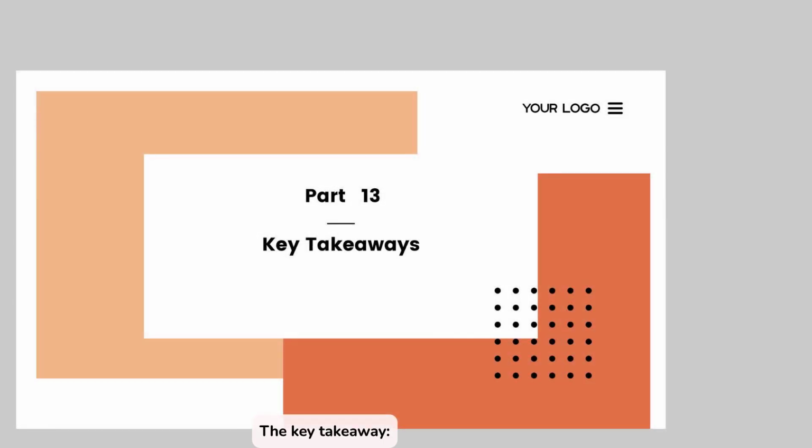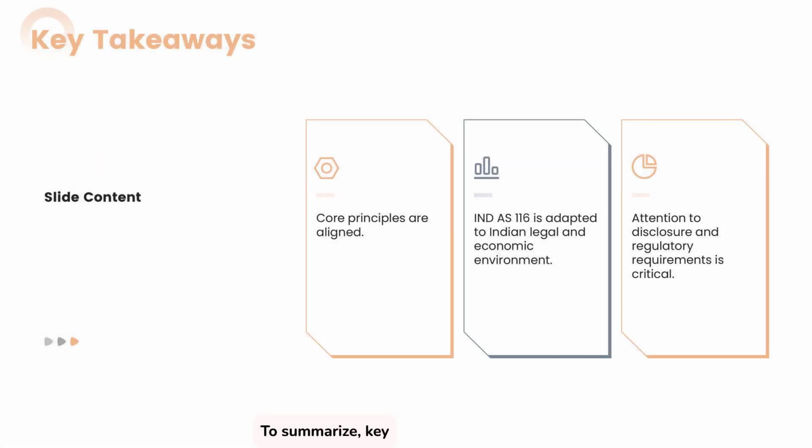The key takeaway: while IFRS 16 guides global practice, IND AS 116 adds disclosure depth, enforceability emphasis, and local regulatory alignment. To summarize, key differences include scope, where IND AS 116 excludes biological assets. Transition disclosures are more mandatory under IND AS 116.